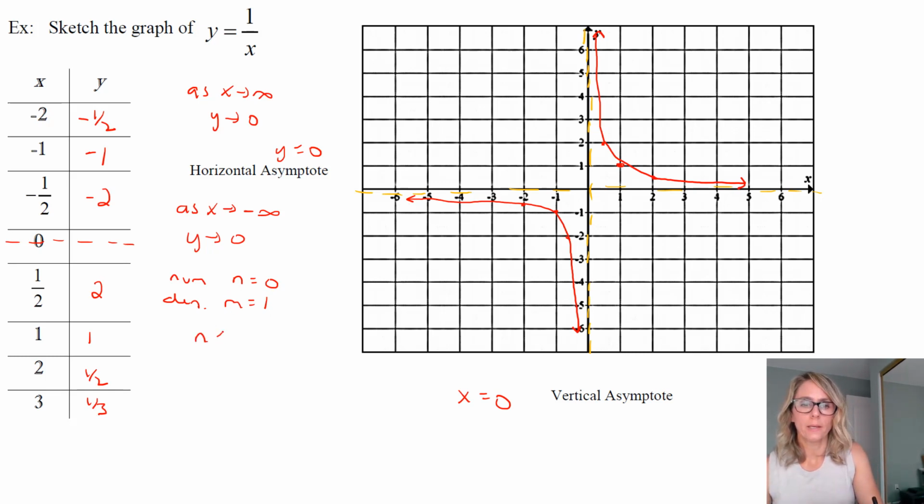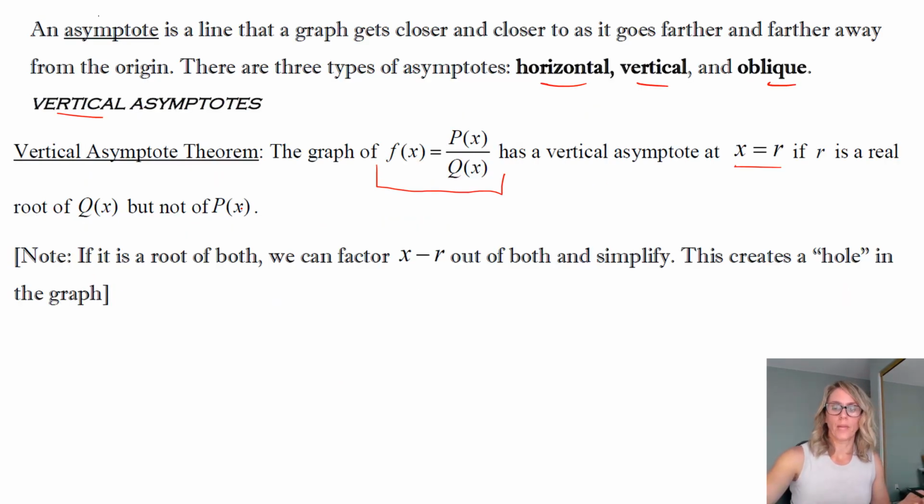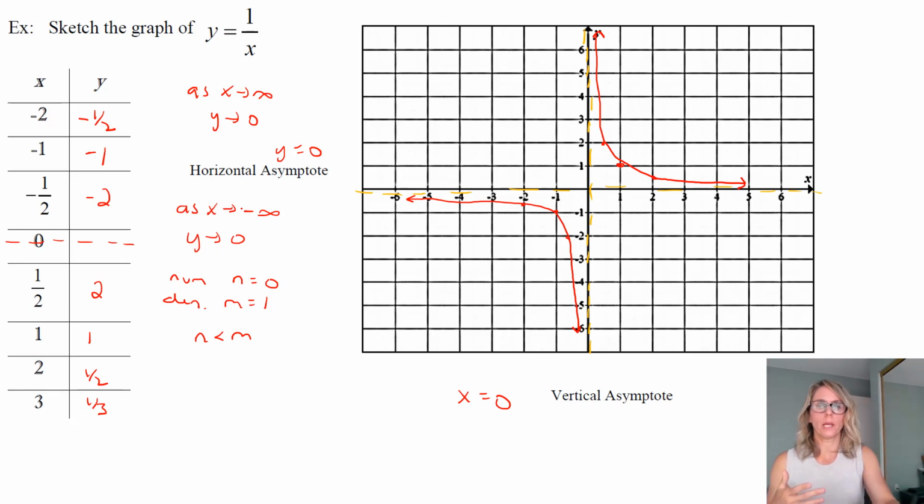So what we see is that n is less than m. If the degree of the numerator is less than the degree of the denominator, then the line y equals 0 is the horizontal asymptote. And that's what we found, figuring it out in another way. That's the idea: your numerator is not getting big like your denominator. So as x gets very large positively or negatively, the y values become very, very small, approaching 0.